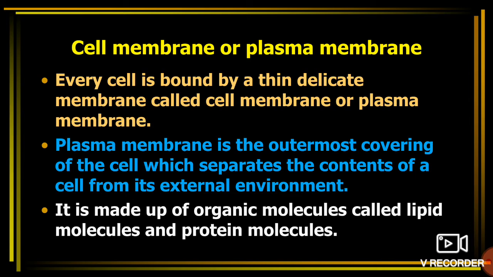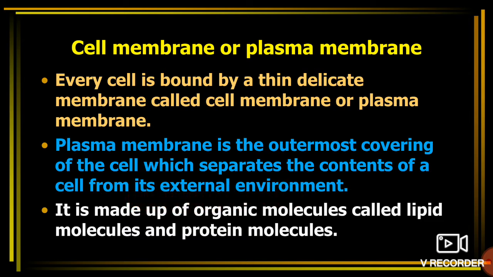You know that each and every cell is bound by a thin delicate membrane known as cell membrane or plasma membrane. What actually is this plasma membrane? It is the outermost covering of a cell which separates the contents of a cell from its external environment.